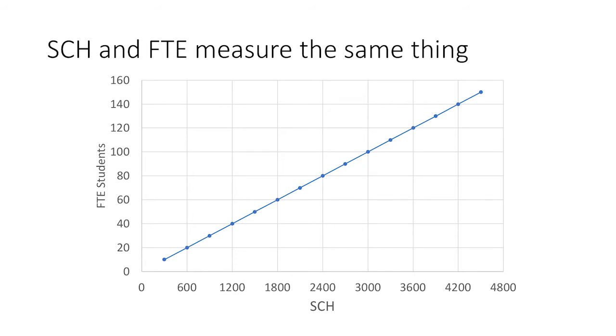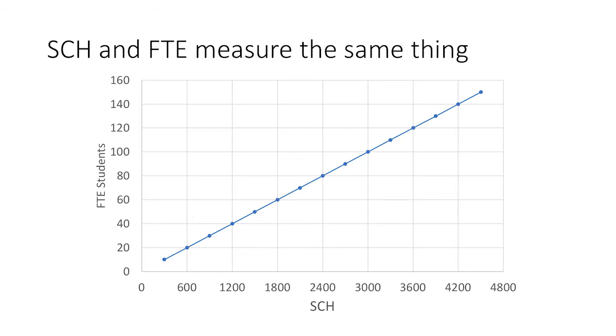And you can see they fall exactly in a line going up. So if you have 600 student credit hours, that is 20 FTE students. If you've got 3,000 student credit hours, that's the same thing as 100 FTE students. So student credit hours and FTE students are two sides of the same coin. One is a linear function of the other, and they mean exactly the same thing.